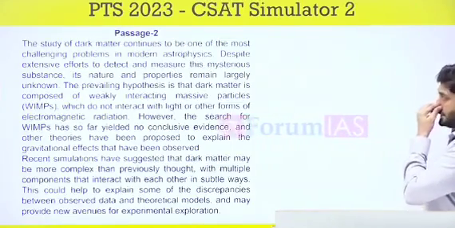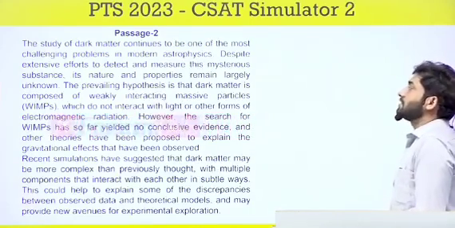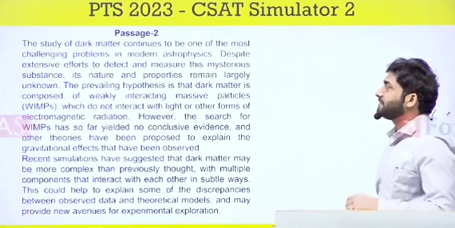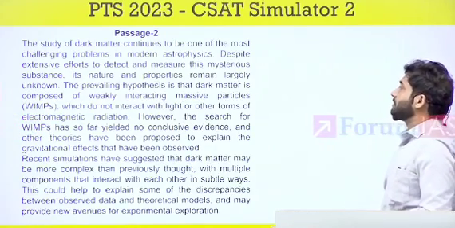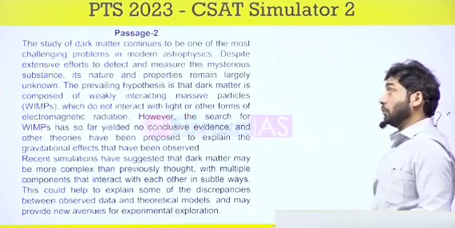Next, the study of dark matter continues to be one of the most challenging problems in modern astrophysics. Despite extensive efforts to detect and measure this mysterious substance, its nature and properties remain largely unknown.